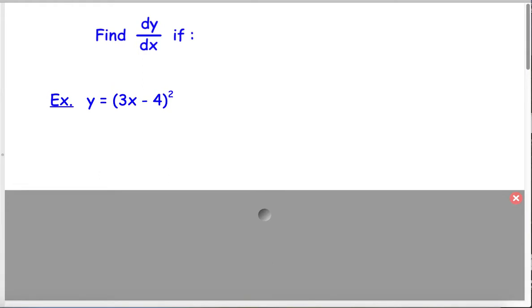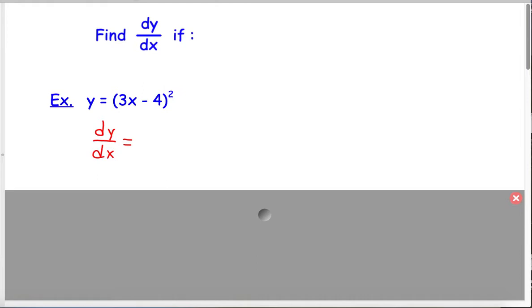So when I look at this, I see two functions. I see that I have something squared, and then that something. So to find dy/dx, first you have to look at the outermost thing. And here's one way to think about it. I talk about the innermost and outermost functions.